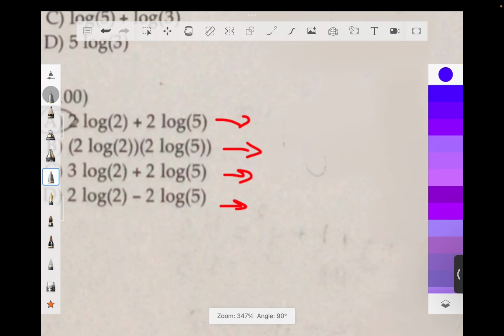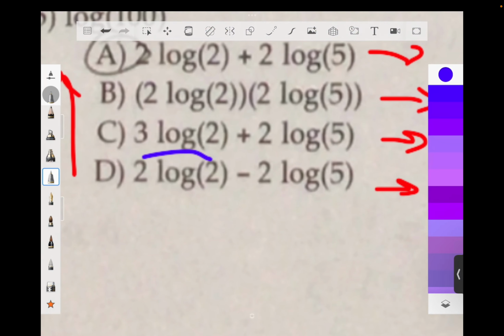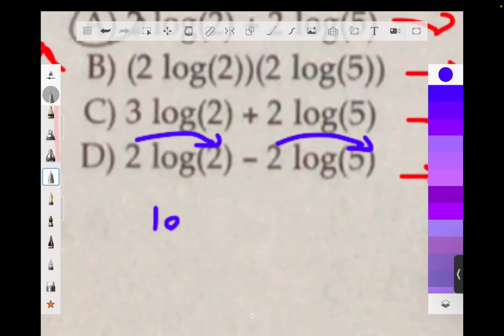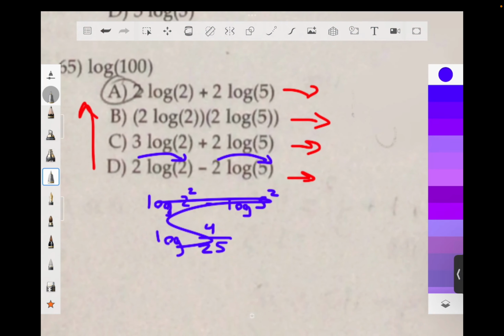So this one is saying we could bring the 2 up. So it's going to be log of 2 squared, which is 4, minus log of 5 squared, which is 25, which is, of course, log of 4 over 25, which is not 100, so it can't be D.